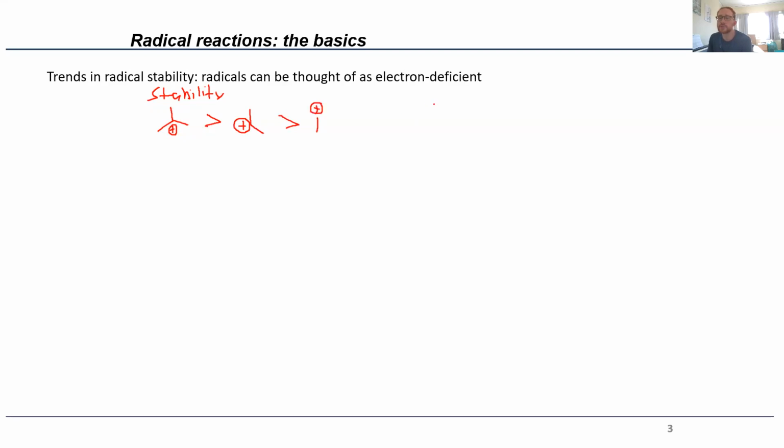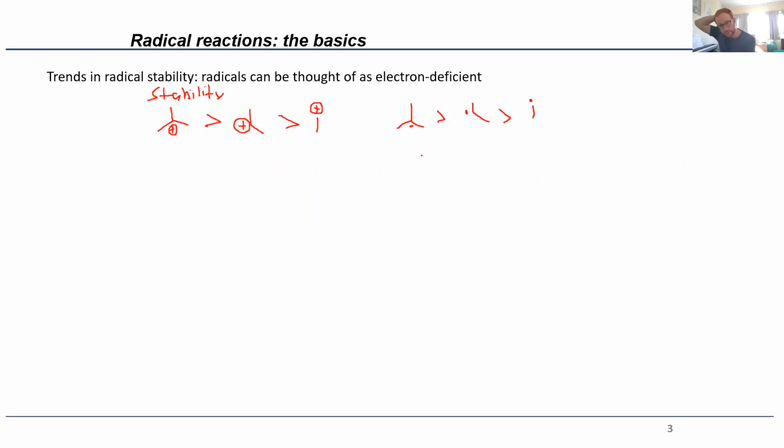In a very similar fashion, tertiary radicals are more stable than secondary radicals, which are more stable than primary radicals.